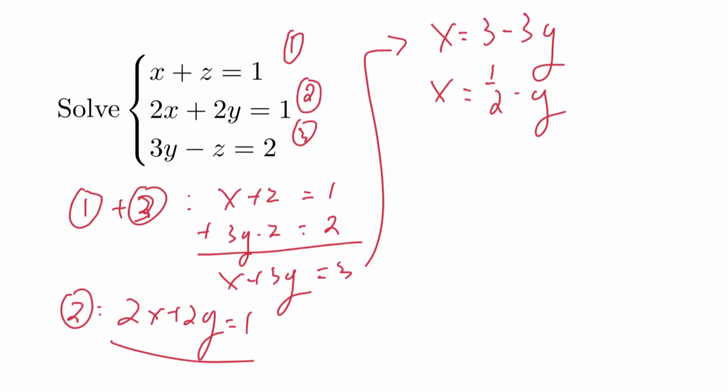Let's just check this. Yes. And then I can equalize those. So I know that 3 minus 3y is equal to 1/2 minus y.